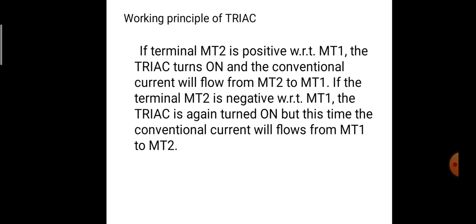If terminal MT2 is positive with respect to MT1, the triac turns on and the conventional current will flow from MT2 to MT1. If terminal MT2 is negative with respect to MT1, the triac again turns on, but this time the conventional current will flow from MT1 to MT2.